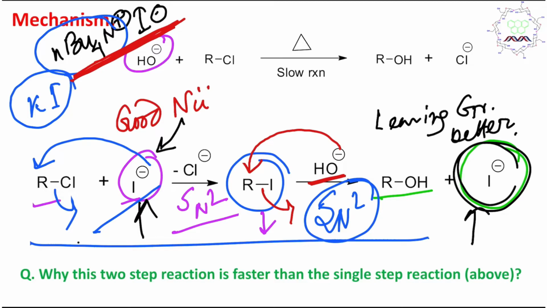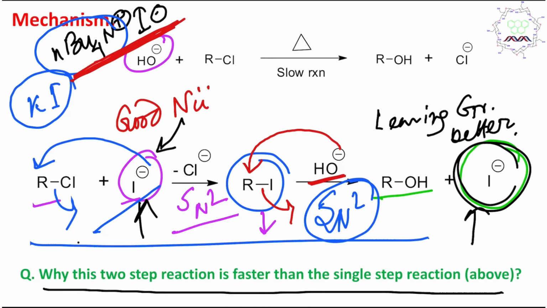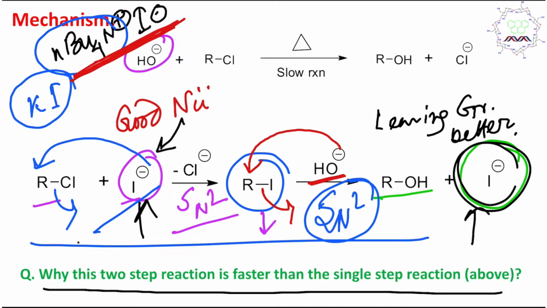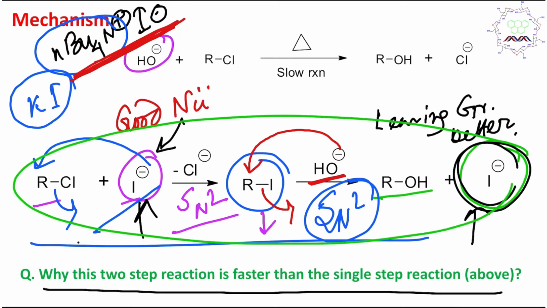Now a question may come in your mind that, sir, why is this two-step reaction faster than the single step reaction? Single step means the above one, and the two-step means the second one, the nucleophilic catalysis.